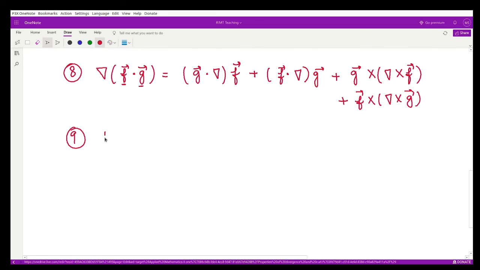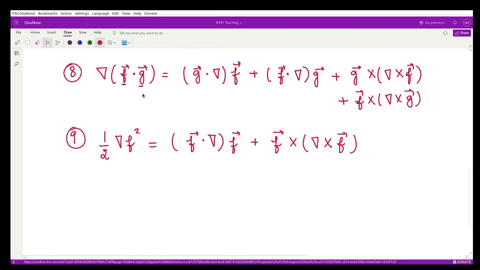For the ninth property, half del of f square is equal to the vector f dot del vector f, plus the vector f cross del cross f. So basically this comes from this property only, where you just replace this g with f.